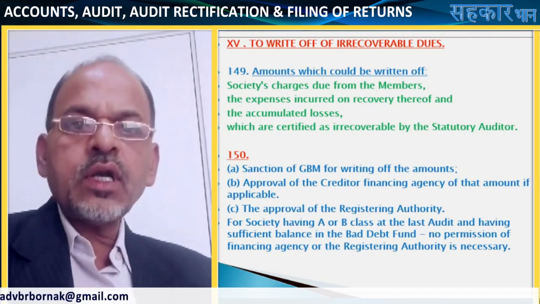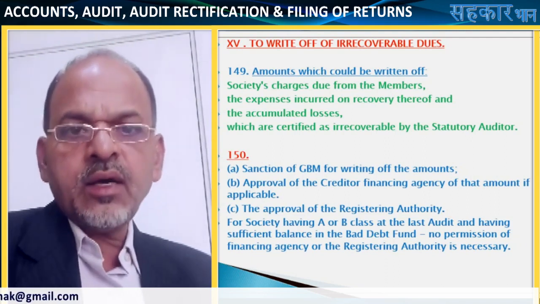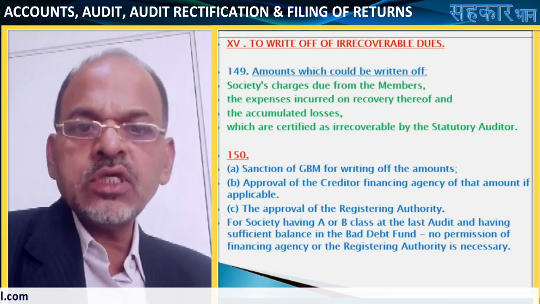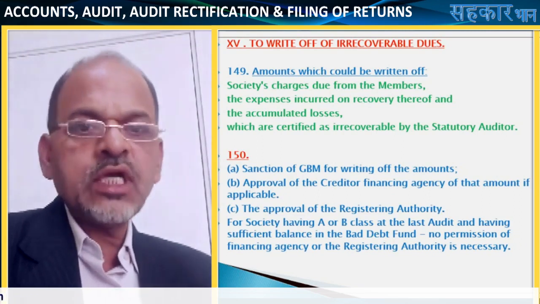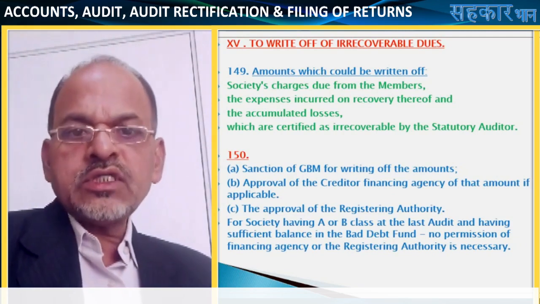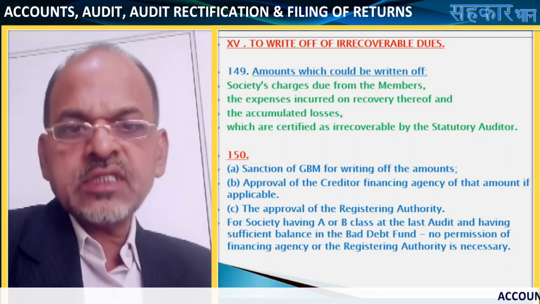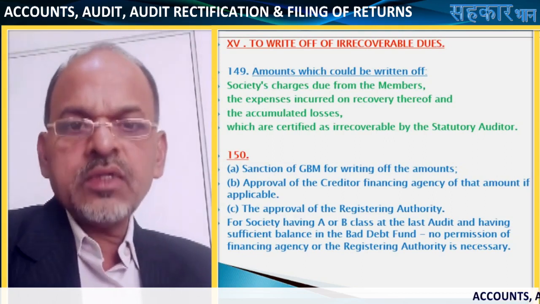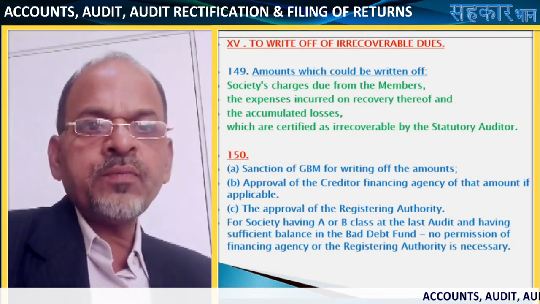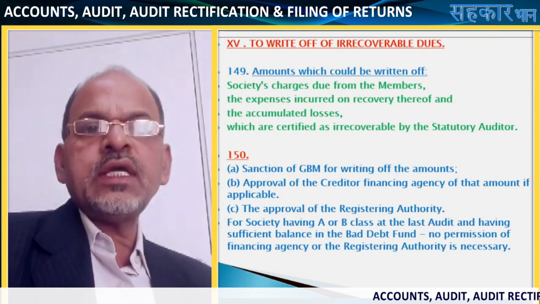Then the expenses incurred on recovery thereof. Means the society has incurred expenses for recovery of these outstanding dues, but in spite of incurring expenses, the society has failed to recover the dues. Then along with the outstanding dues of the members, the expenses incurred on recovery of these dues are also to be written off.